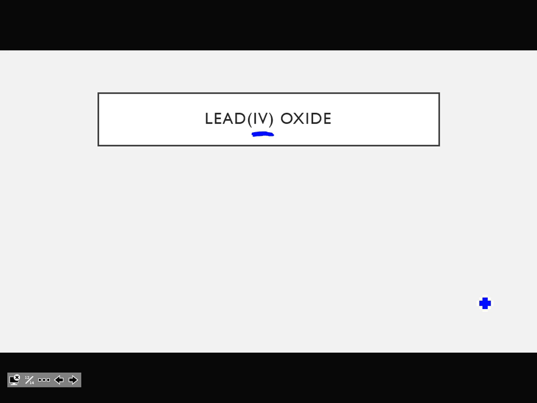2+. Look at zinc, element number 30, right beside it. How many oxidation numbers does zinc have? It only has one, so I don't need a Roman numeral. Look at manganese, element number 25. Manganese has a 2, a 3, a 4, a 6, and a 7.